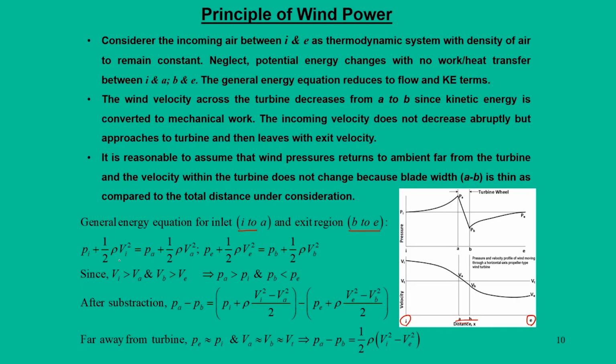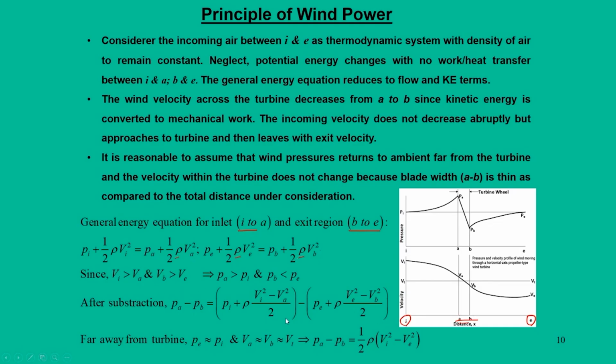So, we say Pi plus half rho Vi square is equal to Pa plus half rho Va square. Similarly, Pe plus half rho Ve square is equal to Pb plus half rho Vb square. Here we assume the density of air remains constant, because the flow is incompressible.